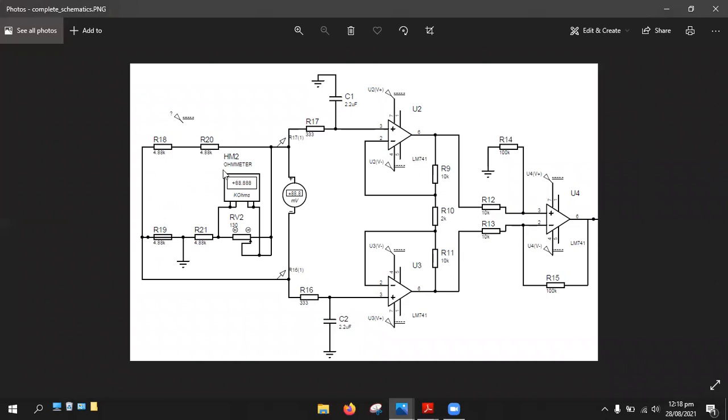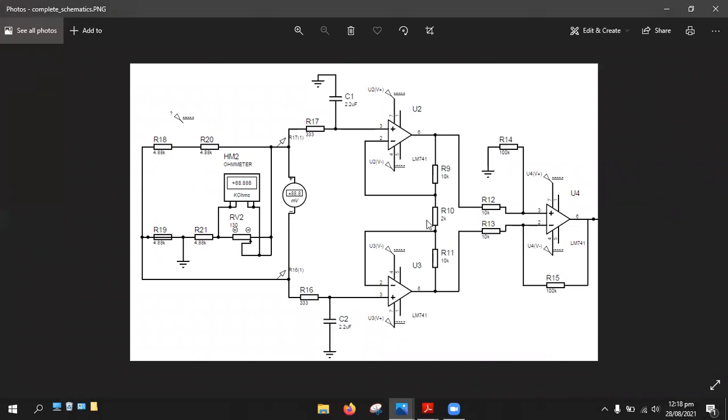This pressure sensor replica is then connected to an instrumentation amplifier, which is basically a modified version of a differential amplifier, in order to condition the signal and obtain an amplified output.